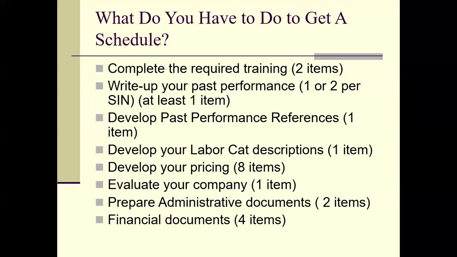The references have to include the individual's name, the company that they work for, their position with the company, their telephone number, their fax number, their email, and how much they've spent with your company. And it doesn't have to be did they spend this year or last year. It can be however many years you've had a relationship with that organization.